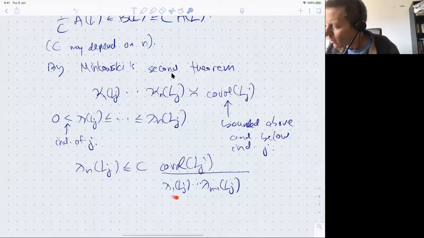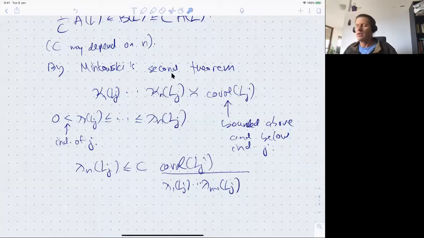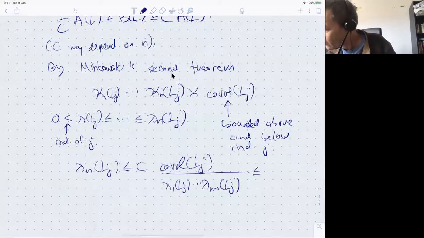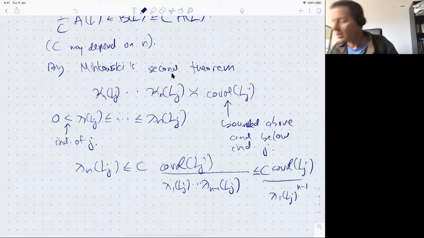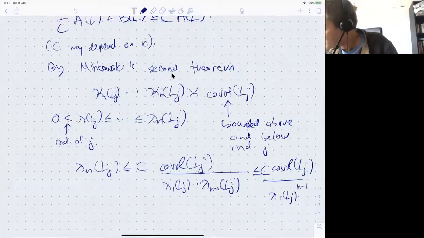I moved all the lambda i's except the last one to the other side, and since the lambda i's are ordered, this is less than this. And this is bounded above by some number independent of j.